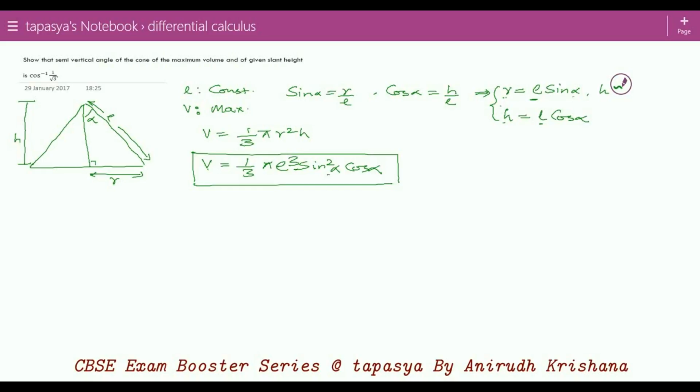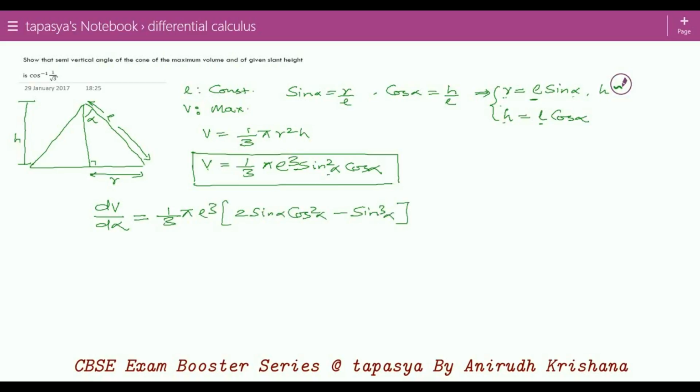You know that the derivative of a function is always taken with respect to the variable quantity. So V depends on alpha, and in this case we have to differentiate the volume with respect to alpha. Here we get 1/3 pi L cube as a constant factor, times 2 sin alpha cos square alpha minus sin cube alpha.